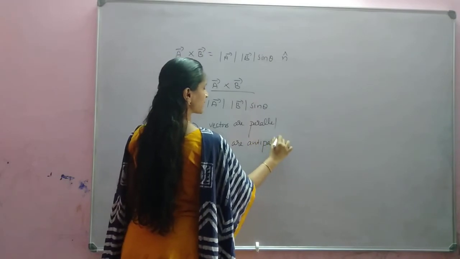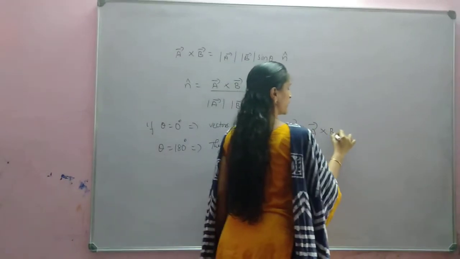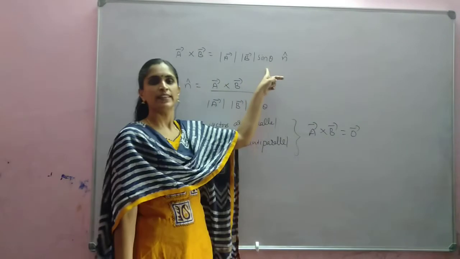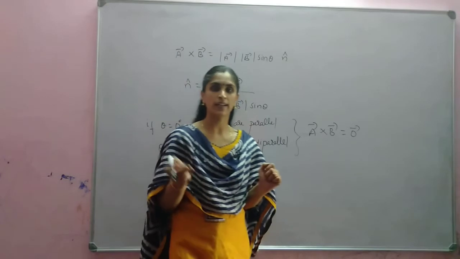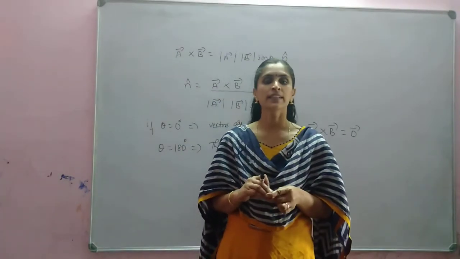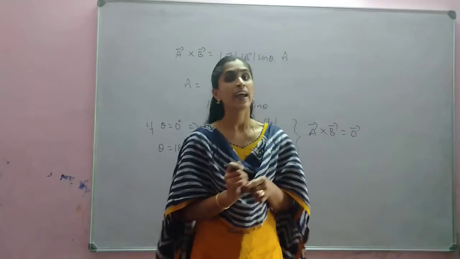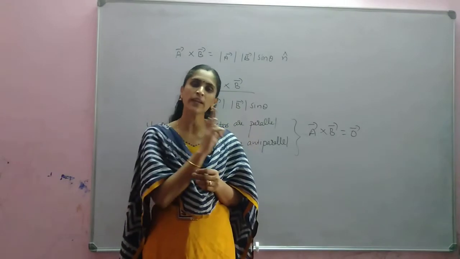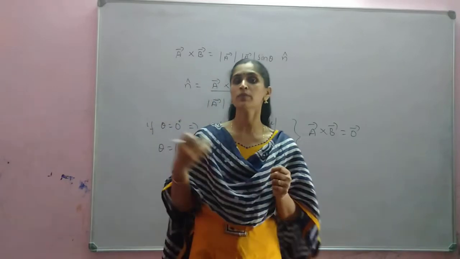In both cases A cross B will be a zero vector, because sine 0 and sine 180 are 0. So if the vector product of two vectors is 0, they are collinear, and if the scalar product of two vectors is 0, the two vectors are perpendicular. Is it clear? Now we can discuss some problems based on this.